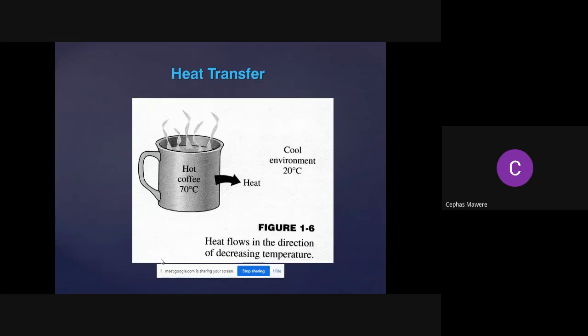But why is it that when you hold a hot cup, you feel the heat? It is because of conductivity. And also it can be lost by radiation to the external environment. So heat flows in the direction of decreasing temperature.